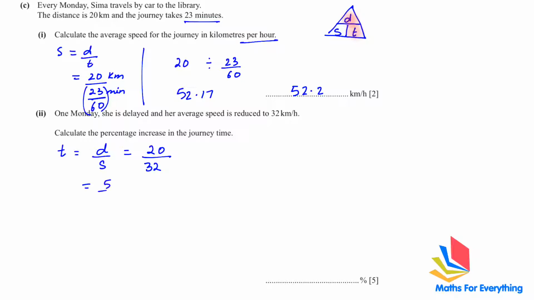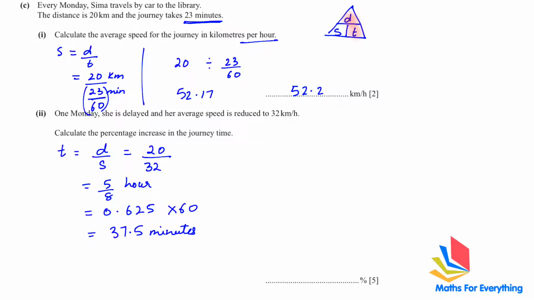This will give you 5 over 8. It is in hour. Our initial time is in minutes. So we are going to change 5 over 8, which in decimal form is 0.625, to minutes. From hour to minutes, you multiply by 60. This will give you 37.5 minutes.